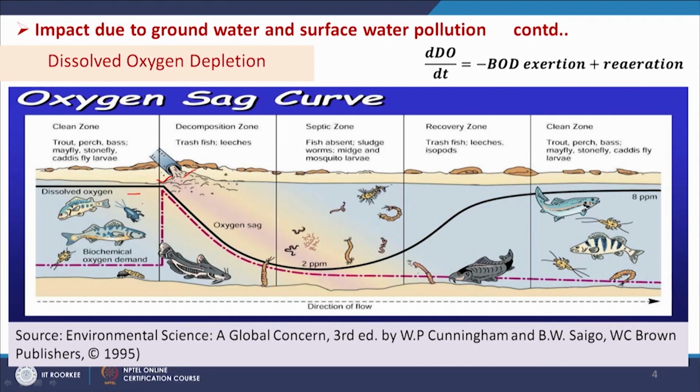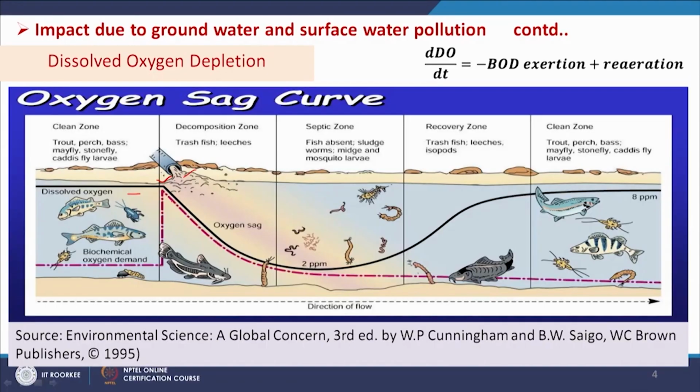This DO will start to decrease immediately because microbes present in the water try to consume the organic compounds, and gradually the dissolved oxygen requirement will increase and the availability of dissolved oxygen will decrease. This is called the oxygen sag curve: the oxygen concentration will reduce, and the organic concentration is maximum here and will also be reduced with time.